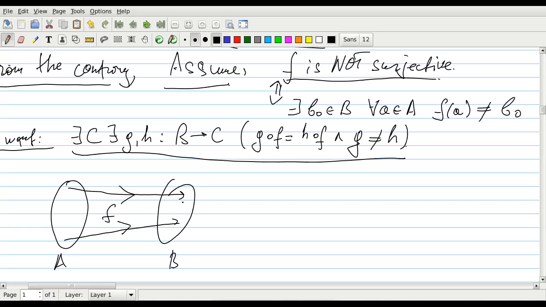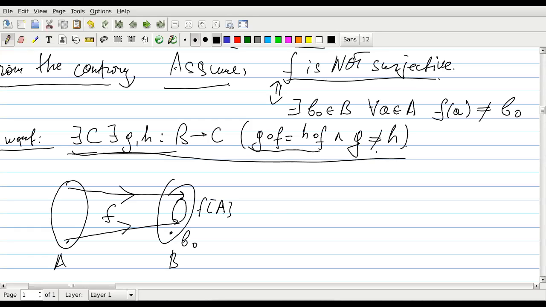That means that there exists at least one point in B, b0, which is not accessible from A. Is it clear? Yes. And now I want to devise some set C and also two functions G and H so that their compositions are equal, while G and H themselves are not equal.